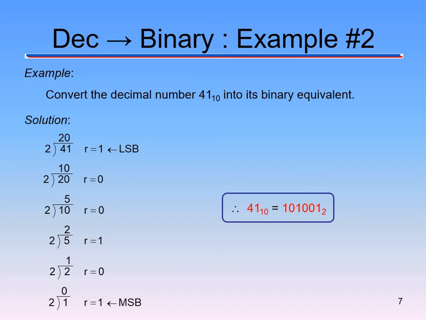And then 2 divided by 2 is 1 with a remainder of 0. And yes, we do have to do 1 divided by 2, which is 0, giving us a remainder of 1. So our solution here is 101001. Must be written from MSB to LSB.